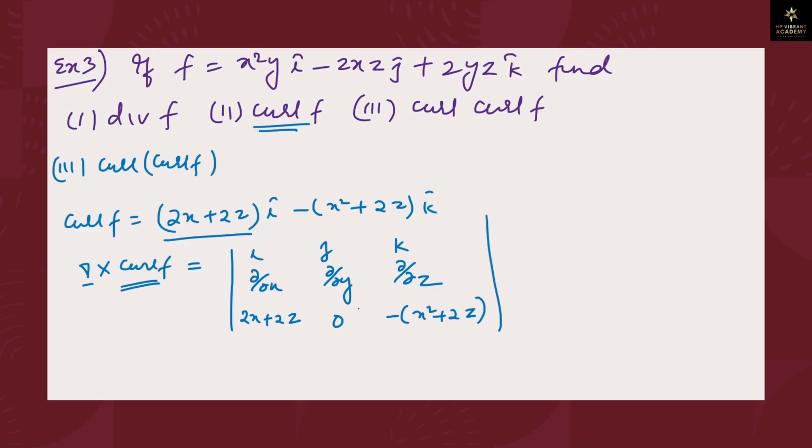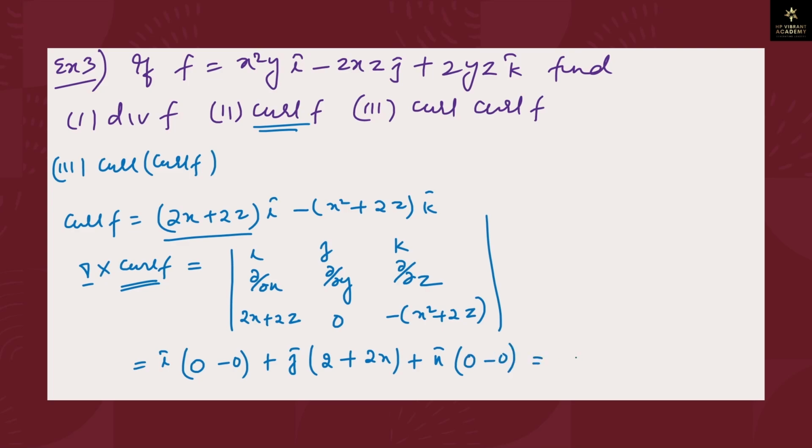Okay, so this is equal to i cap. This is del upon del y, this is 0 minus 0 plus j cap. So we have del upon del z times 2x plus 2z, so this is 2, and this is plus del upon del x, so this is 2x plus k cap times of, so this is 0, this is 0 minus 0.